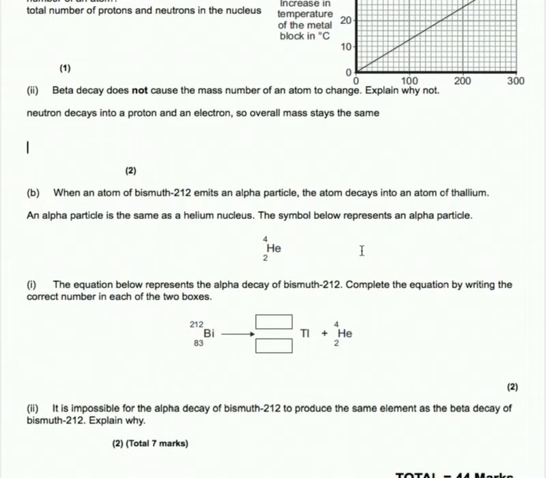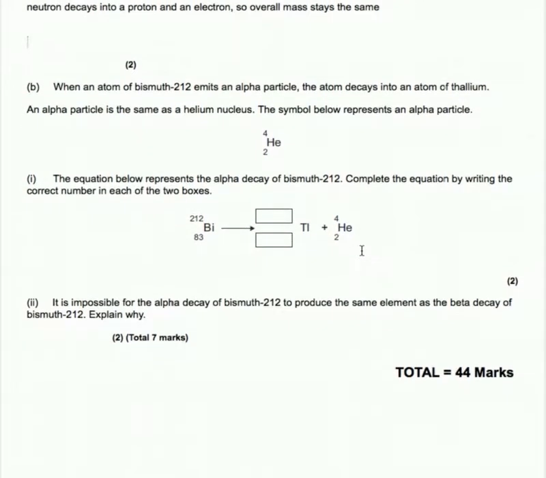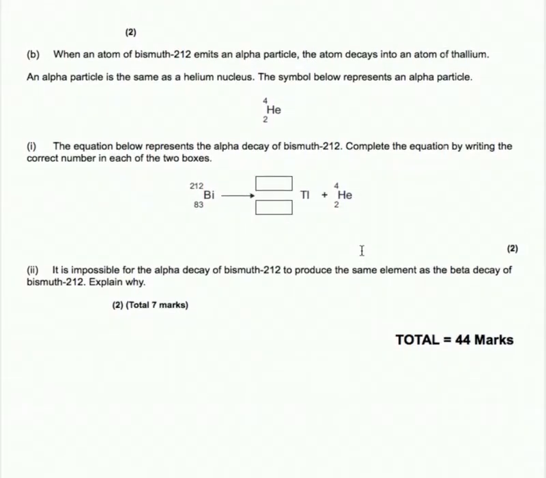When an atom of bismuth-212 emits an alpha particle, the atom decays into an atom of thallium. An alpha particle is the same as a helium nucleus. The symbol below represents an alpha particle. The equation below represents the alpha decay of bismuth 212. Complete the equation by writing the correct numbers in each of the two boxes.